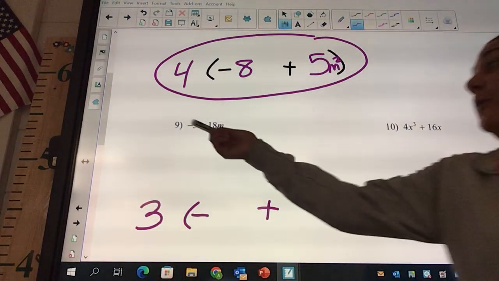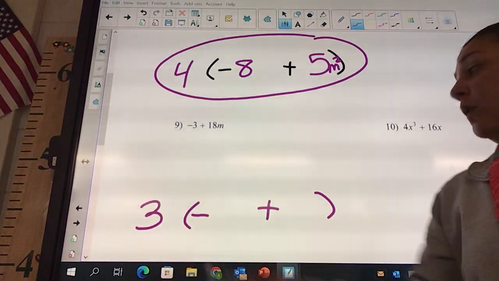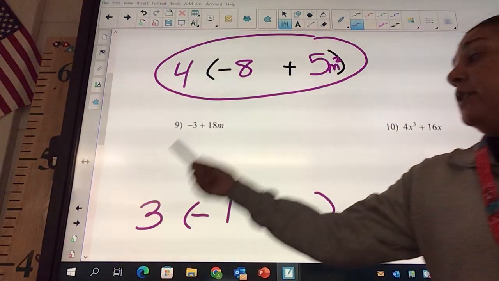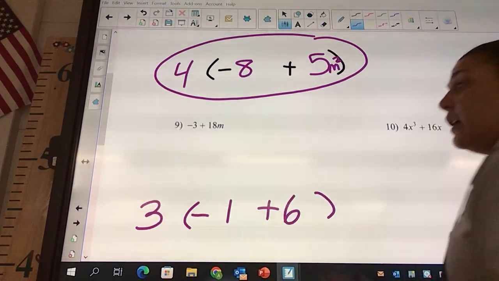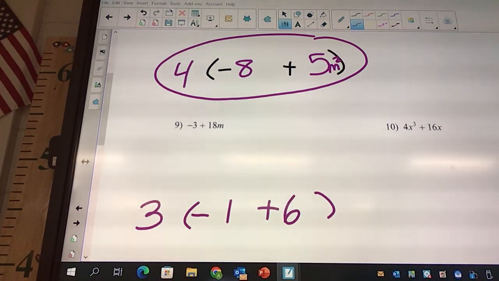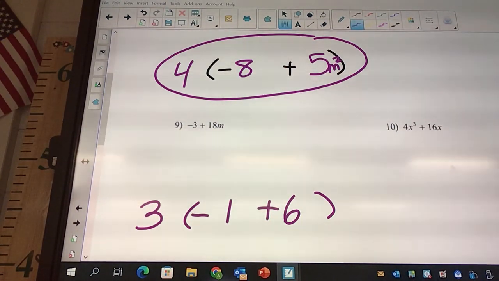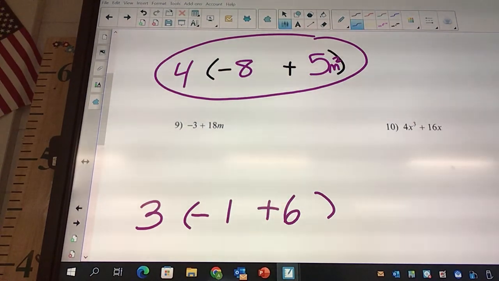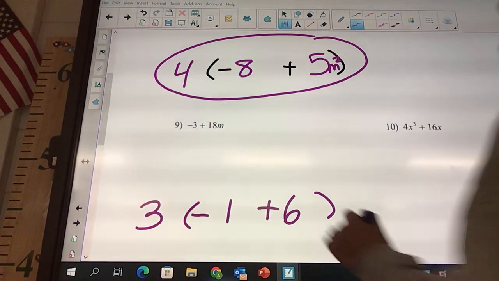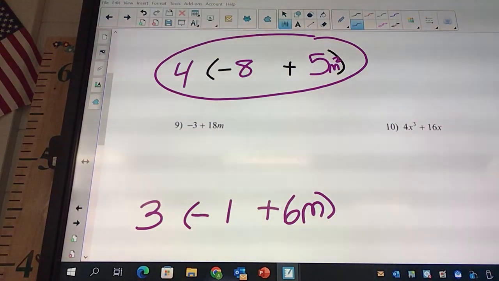What is 3 divided by 3? 1. 18 divided by 3? 6. Let's look at the letters. My first guy has how many M's? None. Second guy? 1. So what is the least amount I can pull? None. You can't take any money from somebody who doesn't have any money. So we're just going to put the M back.